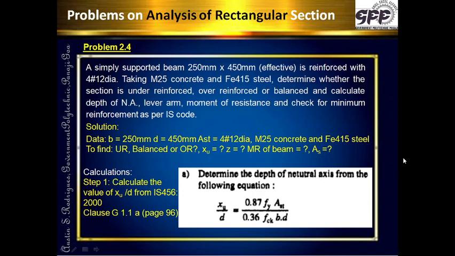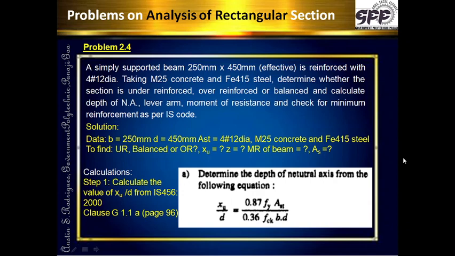We have to determine whether the section is under reinforced, over reinforced or balanced, and calculate the depth of neutral axis, lever arm, moment of resistance, and we have been asked to check for minimum reinforcement as per the Indian Standard Code. Now over here we need to ascertain whether the beam would be failing in tension controlled or compression controlled by means of whether the beam is under reinforced, over reinforced or balanced.